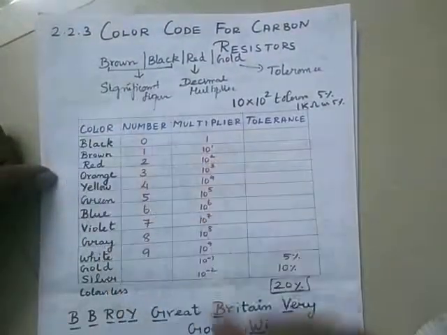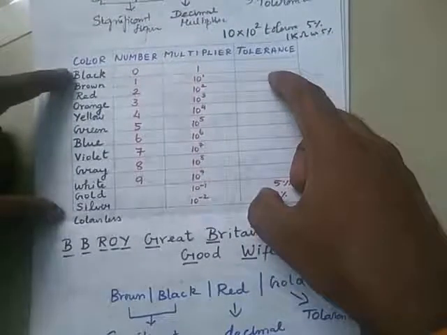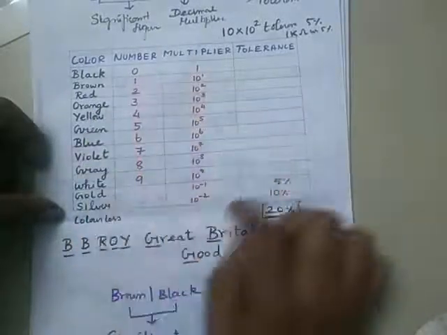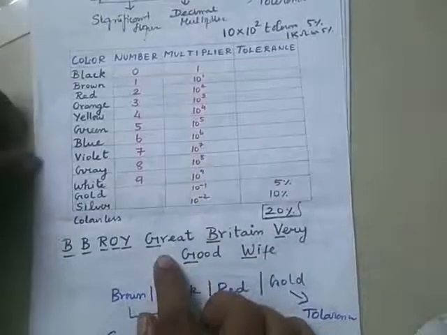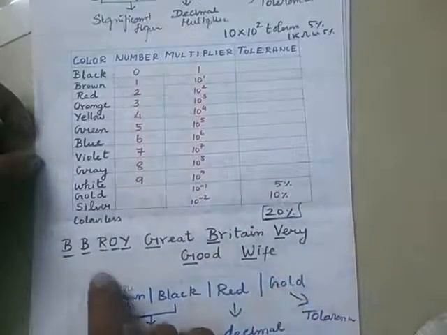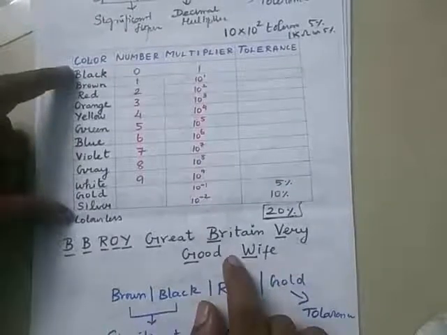Okay, so we need this tabular column. This tabular column has some colors and numbers. We need to remember this by using the phrase BB Roy, Great Britain, very good wife. By knowing this phrase we can easily remember these arrangements.